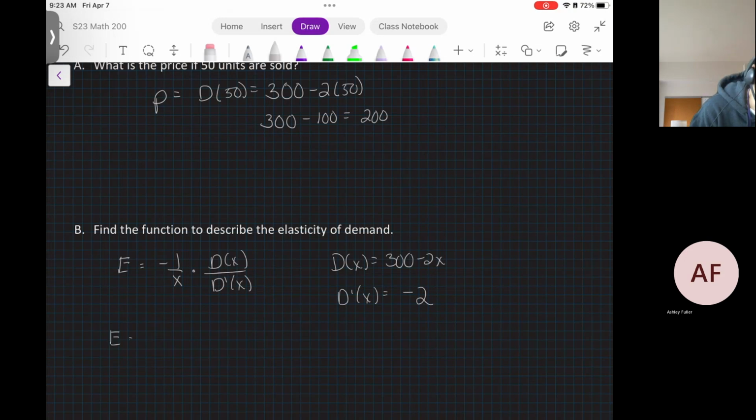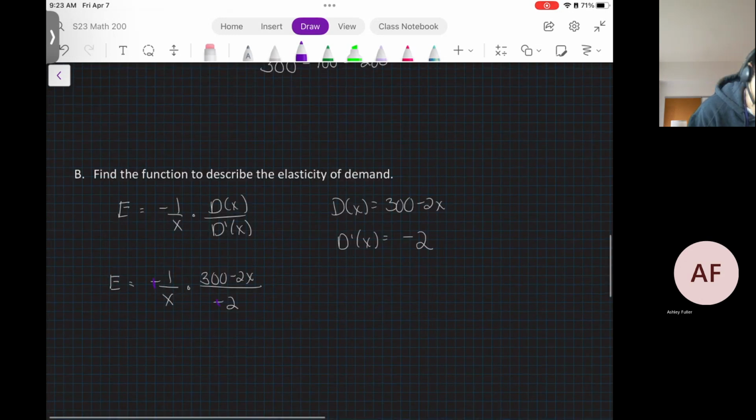Plugging these into our elasticity function, we get negative 1 over x times 300 minus 2x over negative 2. The negatives will cancel each other out, and we get an elasticity function of 300 minus 2x over 2x. And if we simplify that by dividing everything by 2, we get an elasticity function of 150 minus x all over x.